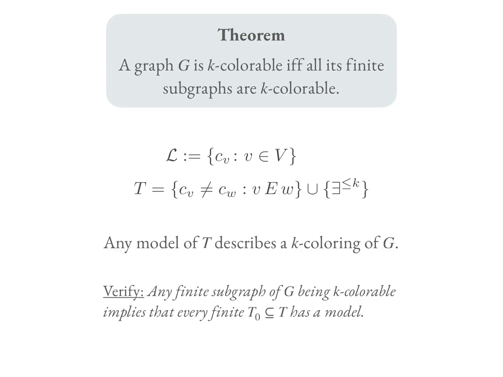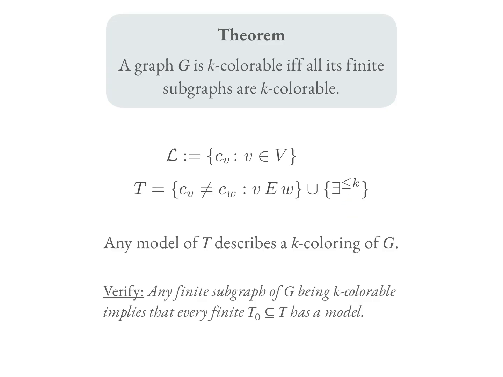In this set, the interpretation of the constants has to be different for adjacent vertices. Okay, so this will be simply then a map from the constants, right, to some set. But I also require, by adding this formula here, this formula simply says, okay, the set over which I interpret has at most k many elements, okay, because we want to have a k coloring.